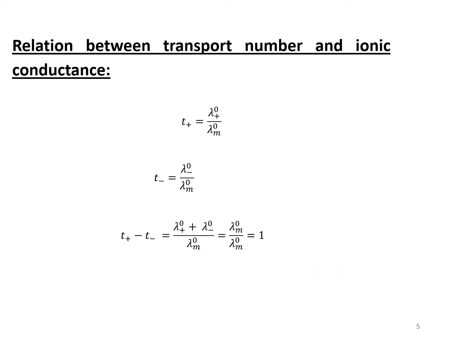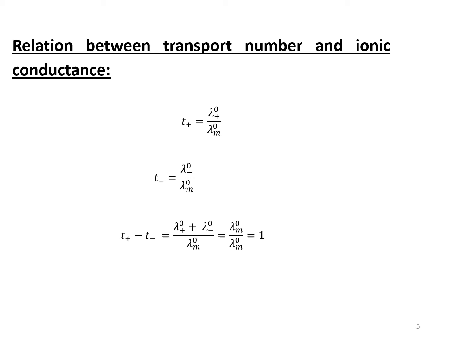Next, let us understand the relationship between transport number and ionic conductance. The transport number of a cation, T plus, is expressed in terms of ionic conductance as lambda naught plus by lambda naught m, where lambda naught plus is the ionic conductance of a cation at zero concentration or infinite dilution, and lambda naught m is the molar conductance of an electrolyte at zero concentration or infinite dilution.